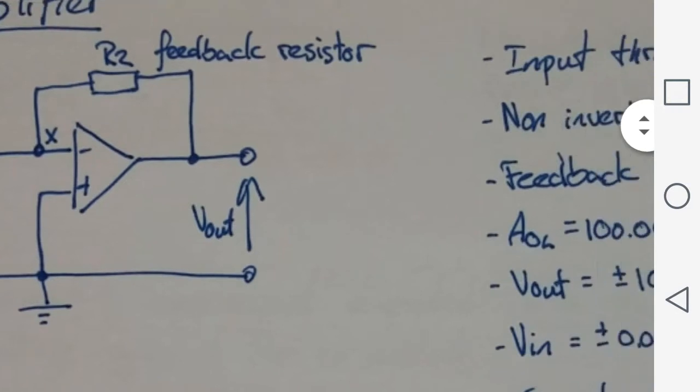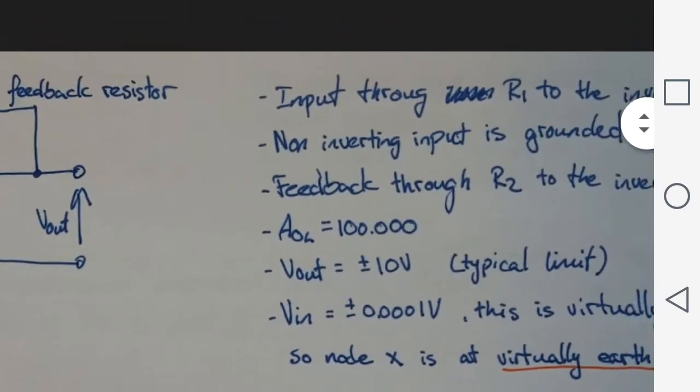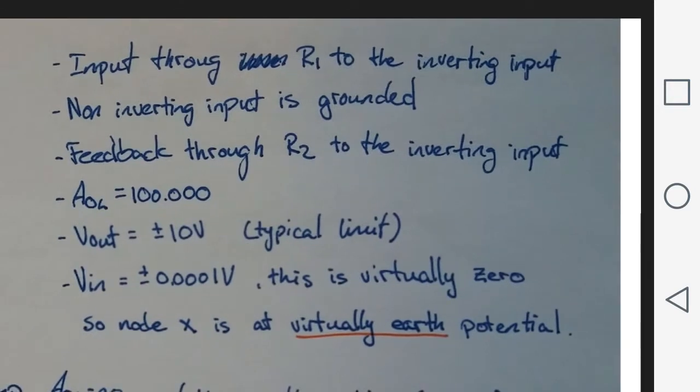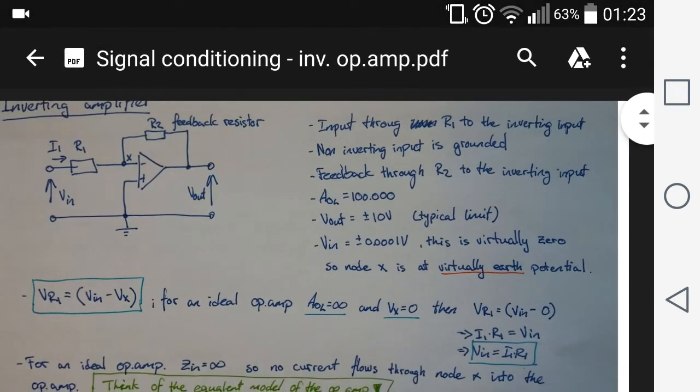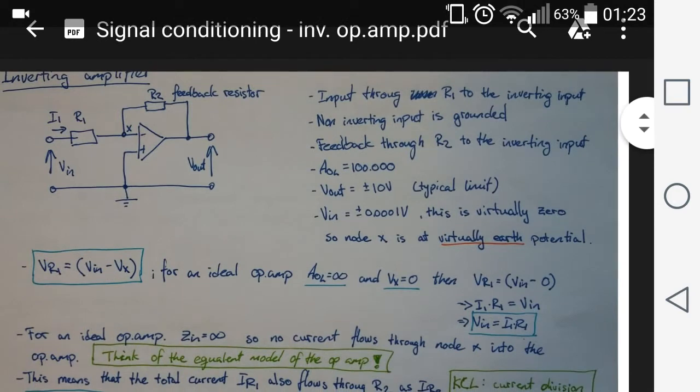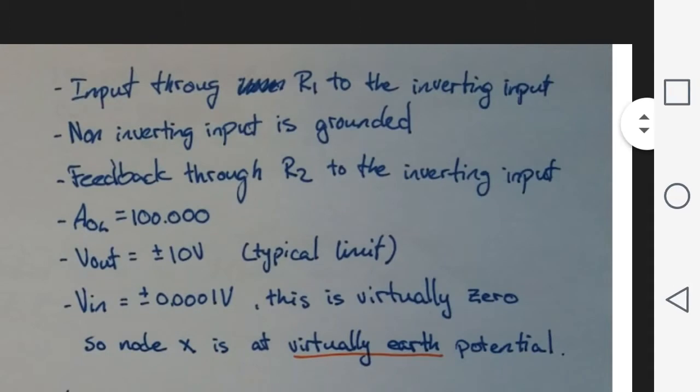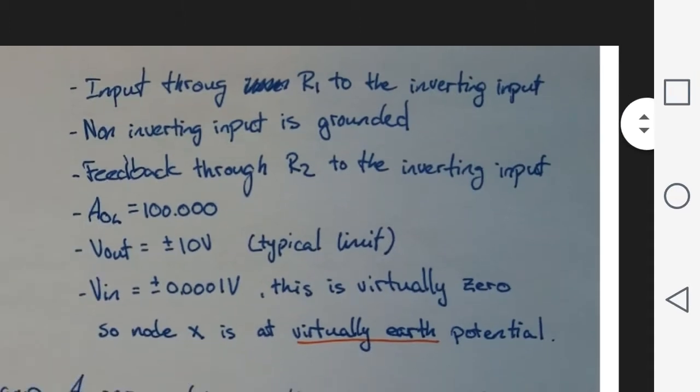Now, if you look at some notes about this inverting amplifier, the input goes through R1, the resistor in the input signal line, to the inverting input. The non-inverting input is grounded. We have the feedback through the resistor R2 to the inverting input.